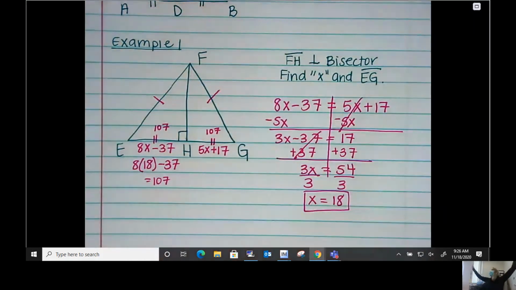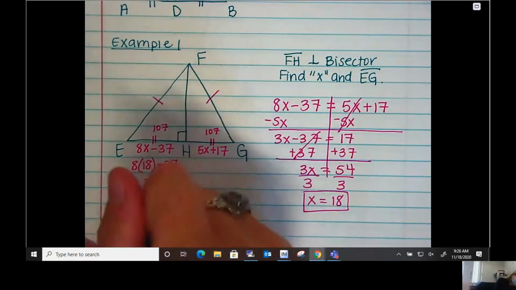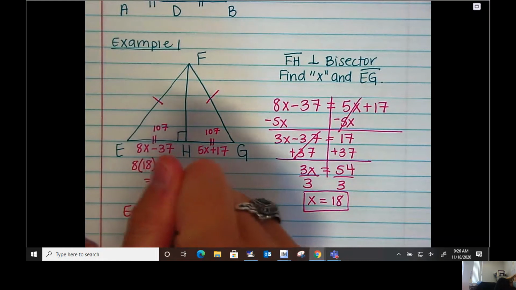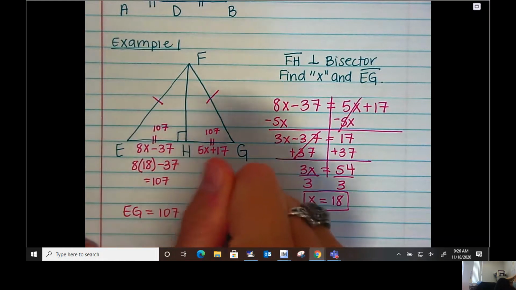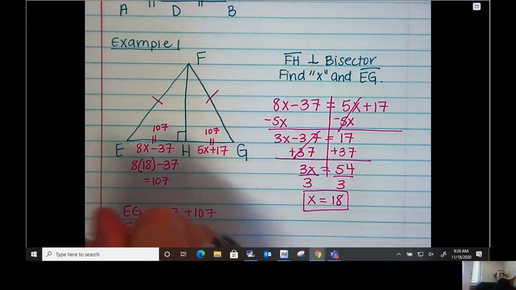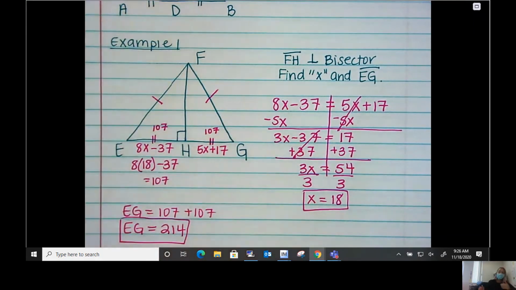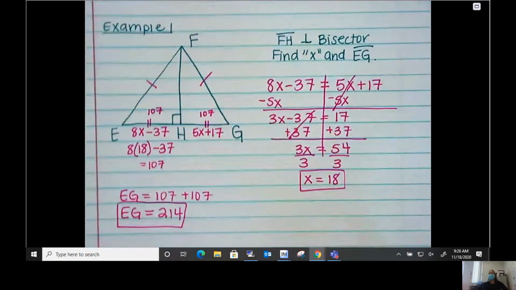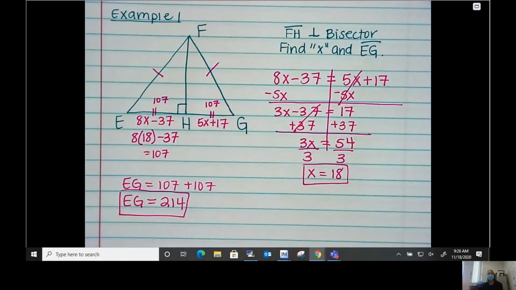So if I wanted to know what the whole thing was, what would I have to do? Add 107 plus 107. Good. So your final answer is EG is 214. So once you've solved for x, you're just taking it and plugging it back into the equation.